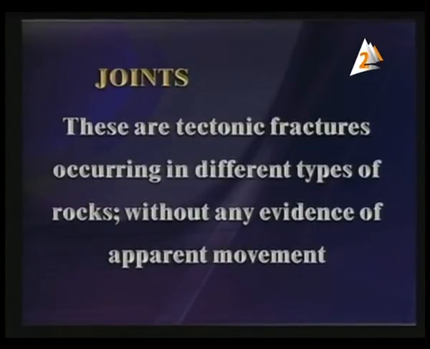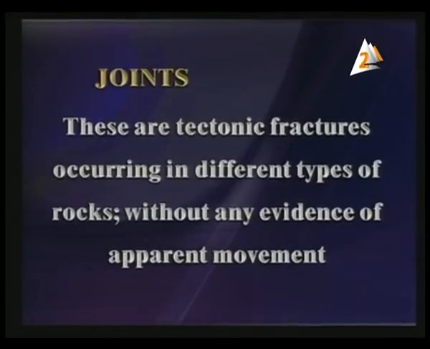So joints are just fractures in rocks. However, faults are fractures where we have displacement or movement along them, and then we call it a fault plane, since we have the hanging wall, the footwall and the fault plane.